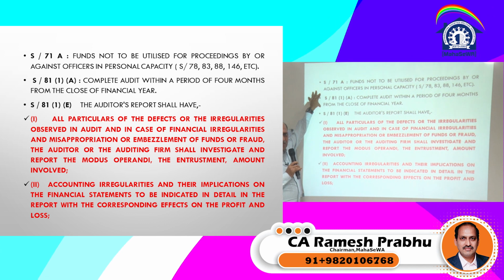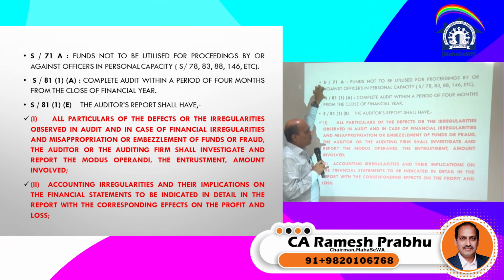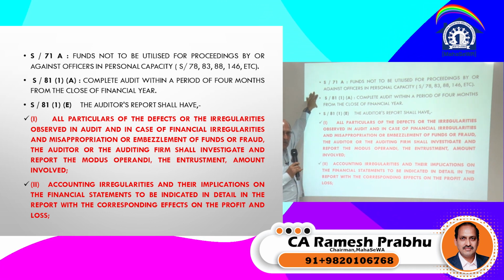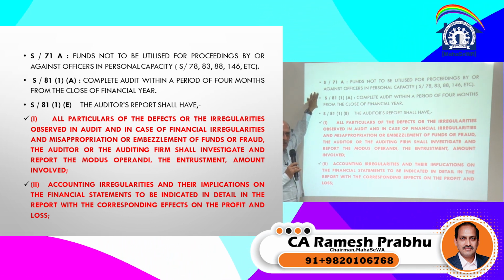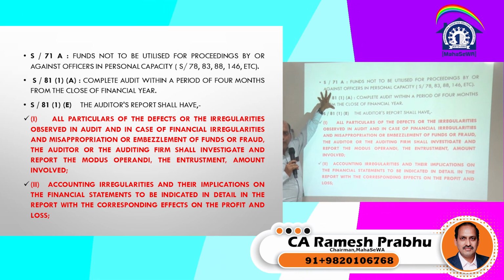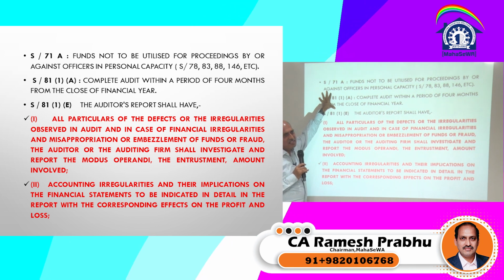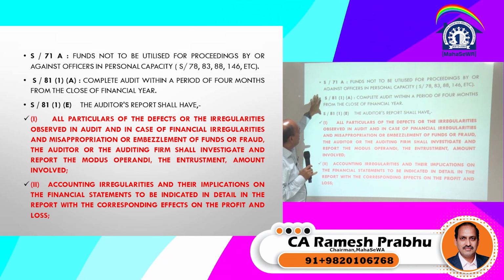If any actions are initiated in individual capacity, then those individuals can defend them in their individual capacity, but they cannot utilize the funds of the society. And if that has been done, that needs to be reported.